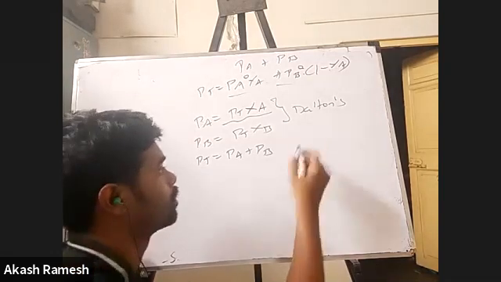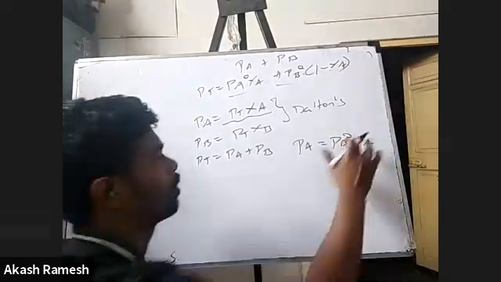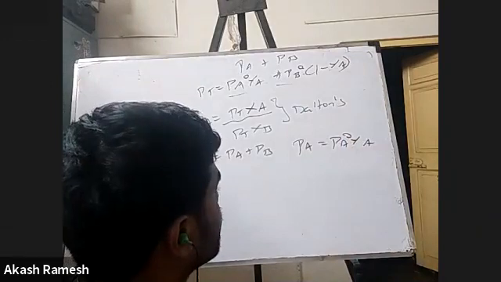Now I have one more also. PA is equal to PA naught YA, and then that's what I need. PA and PB is what I need.